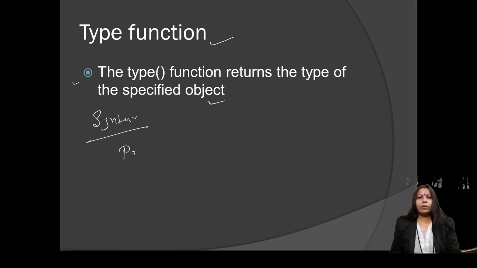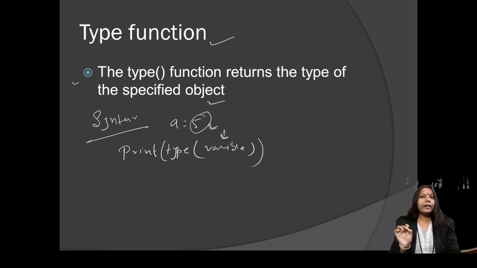So our syntax will be print, type, and any variable's name you may type here. Okay, suppose you write a equal to 5, so this provides the result class int. Okay, this 5 is what, our value? An integer data type value.